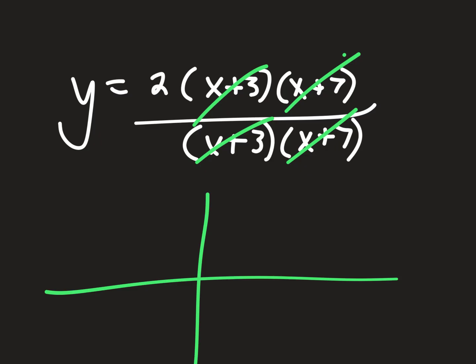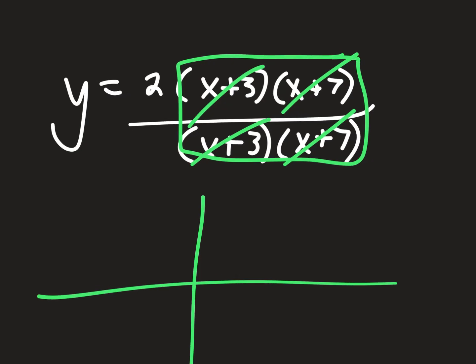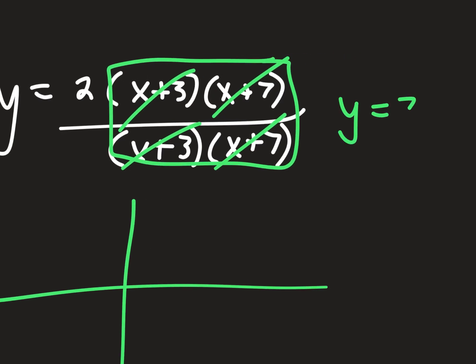So the point is, after this stuff all canceled, what you have left is y equals 2. Now, you might have forgotten what that looks like, but you would at least start with where y is 2. That's the one spot that for sure y is 2. And then from there, you have to decide, should I go up and down or should I go left and right? If you go up and down, you're at other spots where y is not 2. So that doesn't make any sense. It has to be this way.